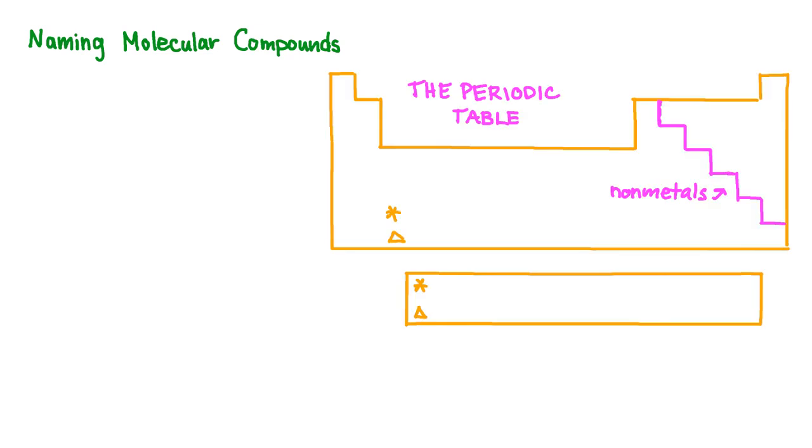These compounds are composed of non-metal elements, which are primarily found on the right-hand side of the periodic table. Not all molecules have common names like water, so we need some way to name them based on their atomic makeup. In this video, we'll be focusing our attention on how to name molecules that are composed of 2 elements.